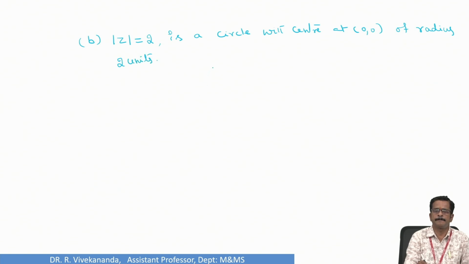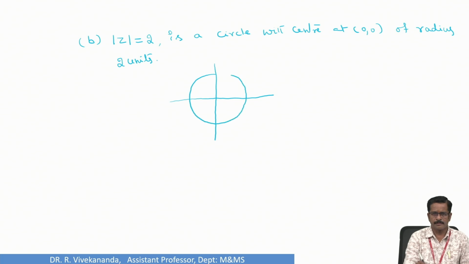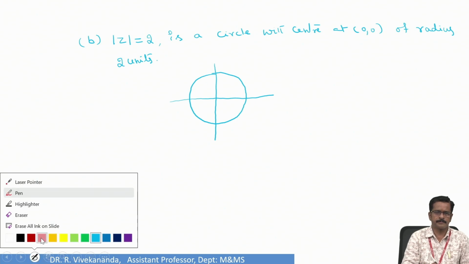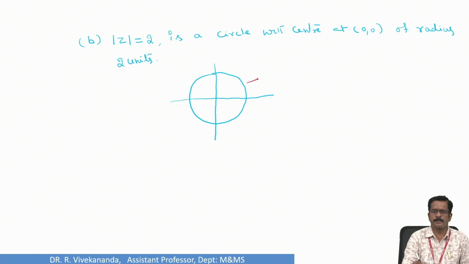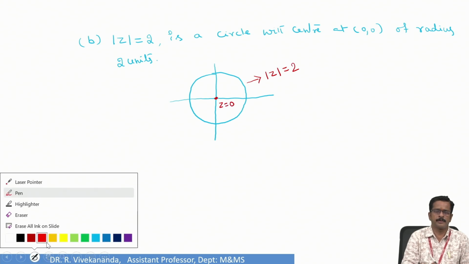So this is a circle of radius 2 units, with the center at z equals 0.